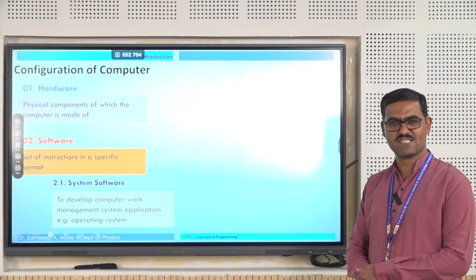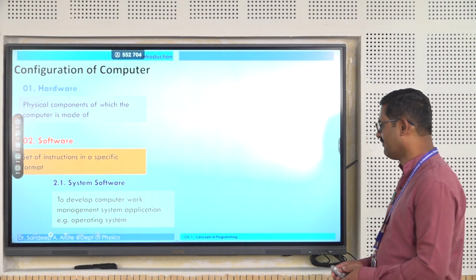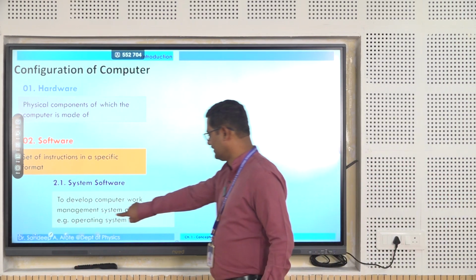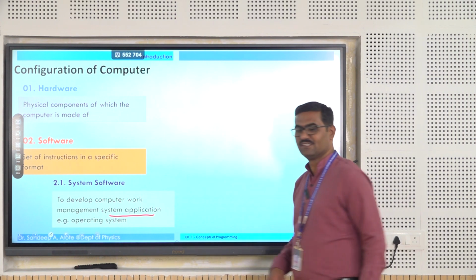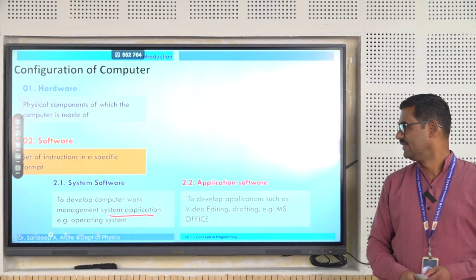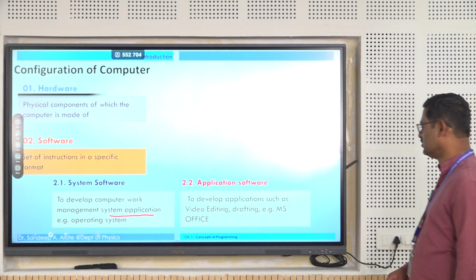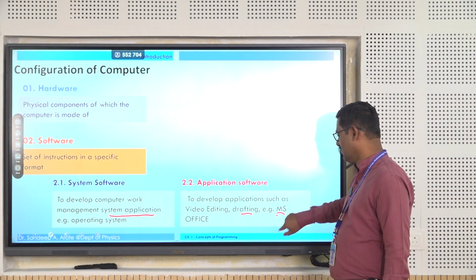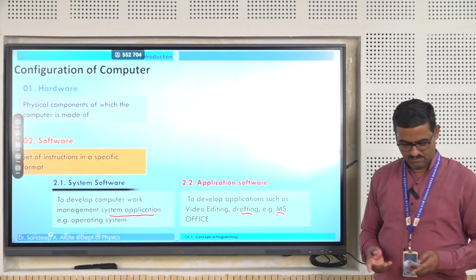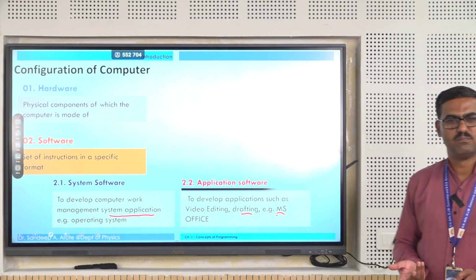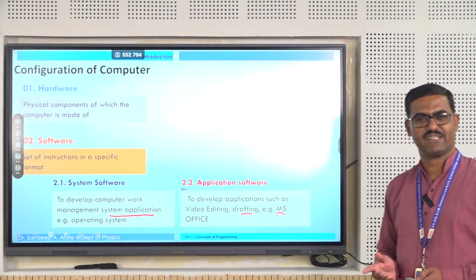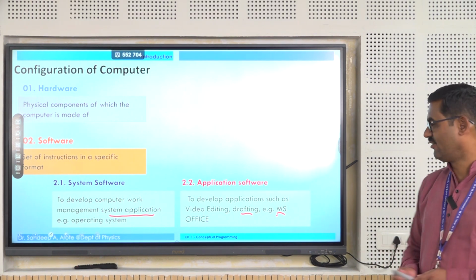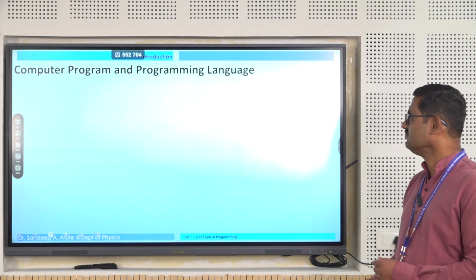The first is system software, which is required to develop the system applications such as the operating system, while application software is used for specific tasks such as drafting, Microsoft Office, Player, PowerPoint, and video editor. All these softwares come under the category of application software.